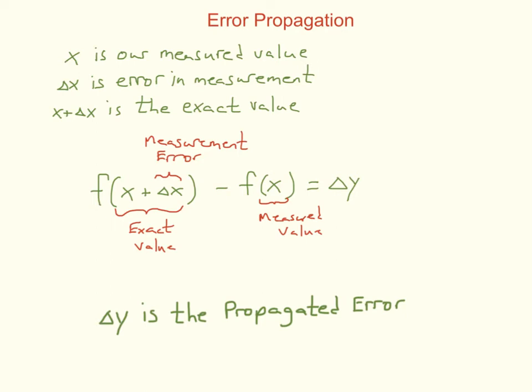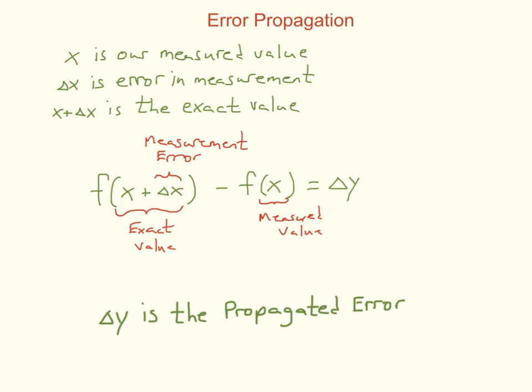And so the delta x is going to represent the error that we're working with. The true value, the exact value we would have if we had the exact measurement, would be our measured value plus whatever that error is. So x plus delta x represents the exact value that we're actually working with. So when I take f of x plus delta x minus f of x, we know that's equal to delta y.